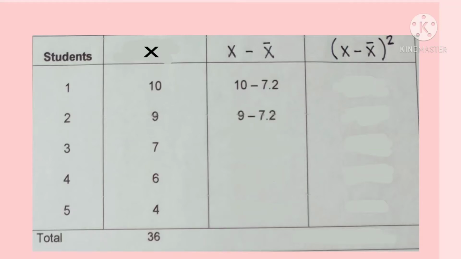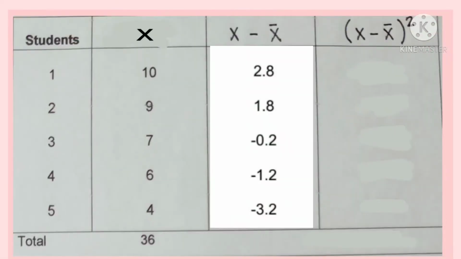To get the difference between the scores and the mean, let's subtract: 10 minus 7.2 is equal to 2.8. 9 minus 7.2 is equal to 1.8. 7 minus 7.2 is equal to negative 0.2. 6 minus 7.2 is equal to negative 1.2, and 4 minus 7.2 is equal to negative 3.2.